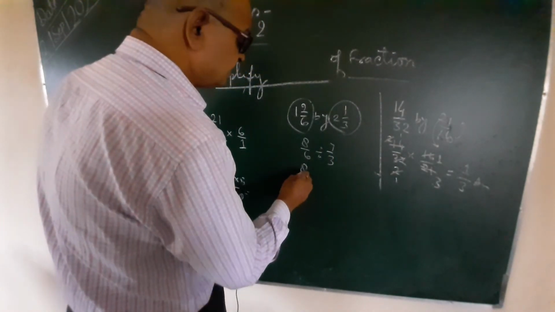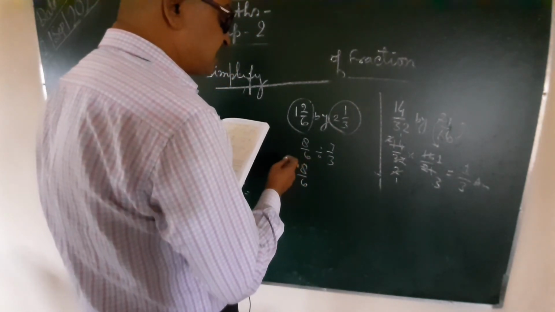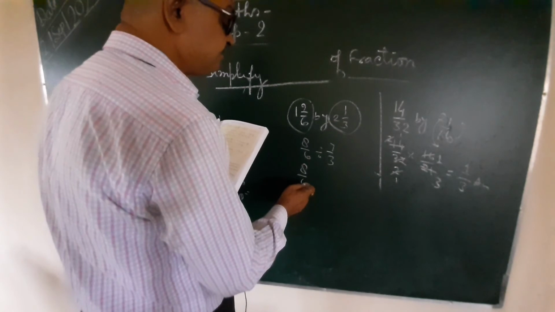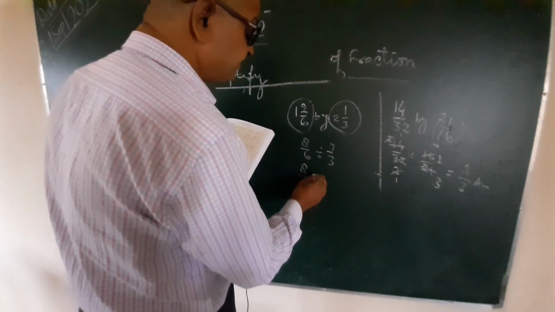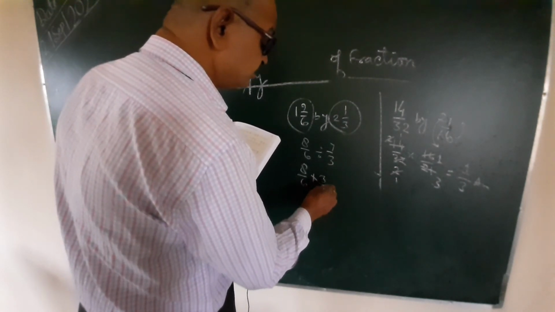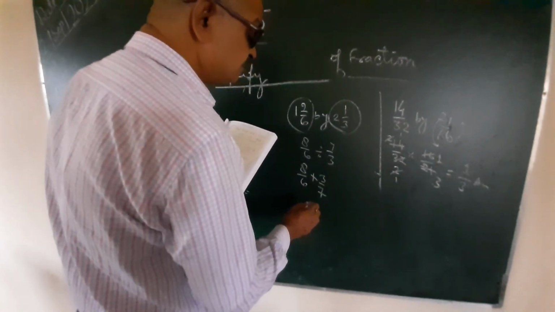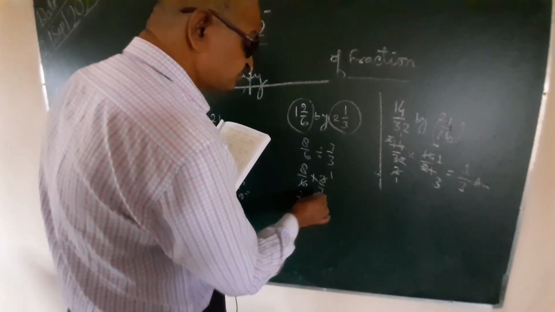The fraction on the left side remains the same, and the one on the right side we change and multiply: 7 upon 3 becomes 3 upon 7. 3 ones are 3, 3 twos are 6.